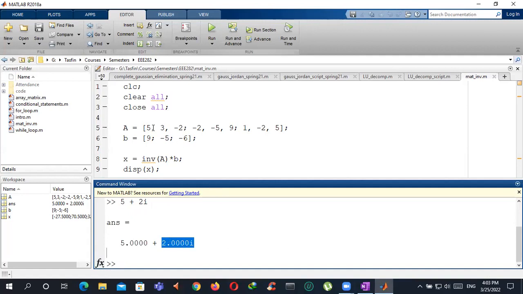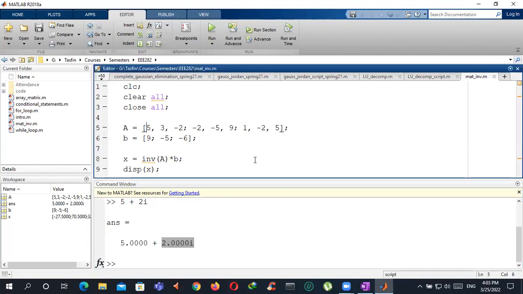MATLAB takes complex coefficients and can solve complex equations.